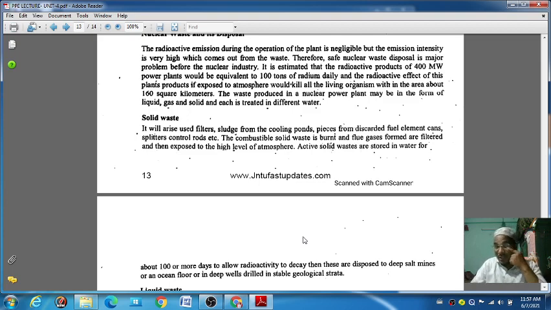These are all things that will be there in the solid that comes out from the reactor side, and some burnt elements and fuel gas forms are filtered and then exposed into the level of atmosphere. Then it will be exposed in that atmosphere.